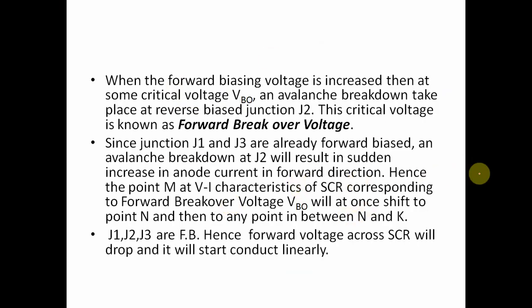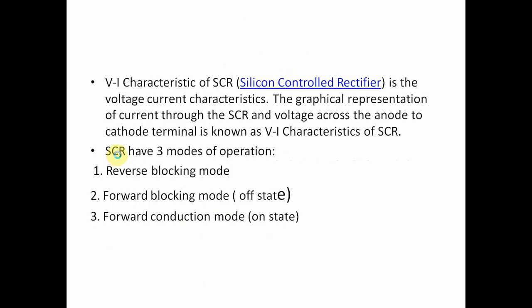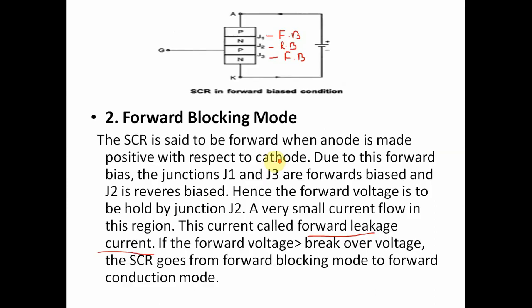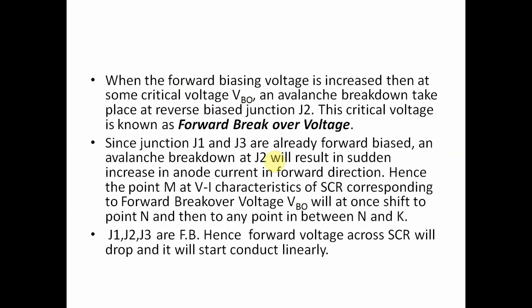Now, when the forward biasing voltage is increased, then at some critical voltage VBO, an avalanche breakdown takes place at the reverse biased junction. Avalanche breakdown is generated from point M to point N, and this voltage is called the forward breakover voltage.